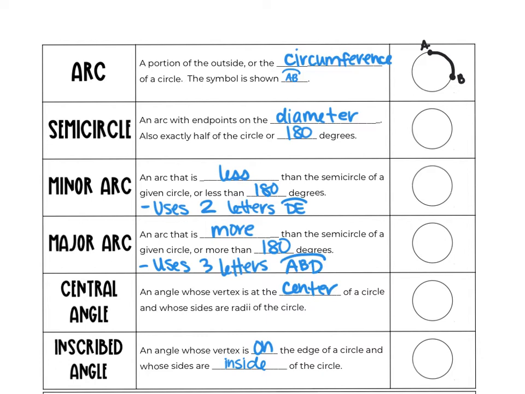So we say this arc AB. All right, semicircle. These 3 are all types of arcs, okay? Semicircle is an arc with endpoints on the diameter. So maybe this is circle C, and that's point D, point E. An arc has to go around the outside.